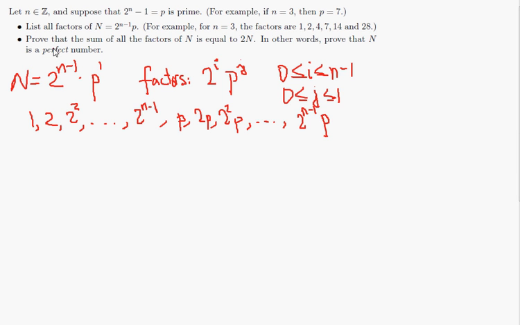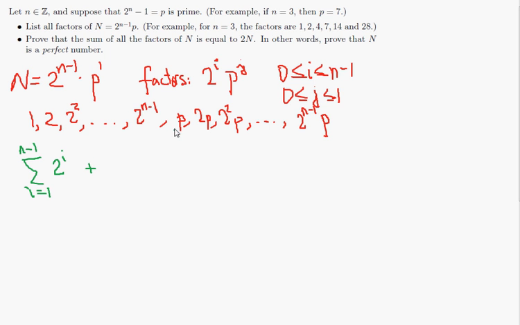Okay, now let's add all these things up and show that if I add all these things up, I get 2 times capital N. So capital N itself is right here, and therefore the sum of all the other factors would be equal to capital N. So to add these up, we have the sum from i equals 1 to n minus 1 of 2 to the i.